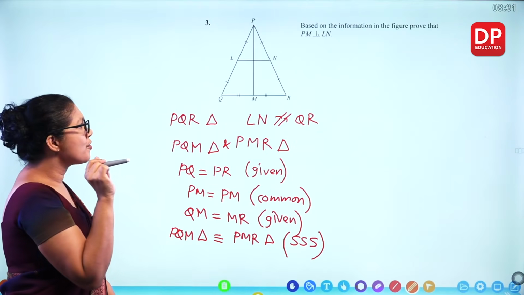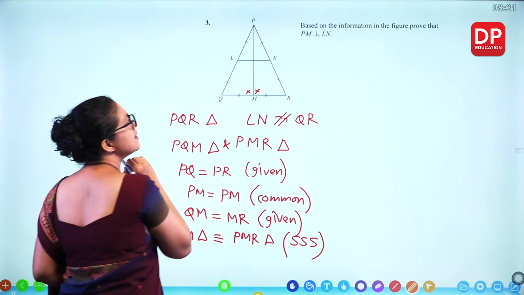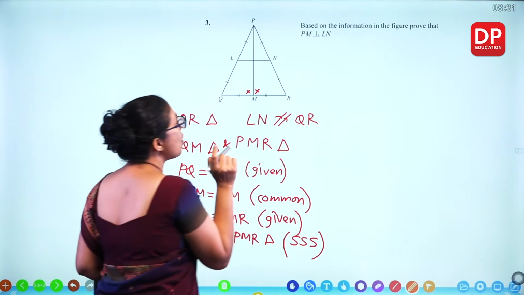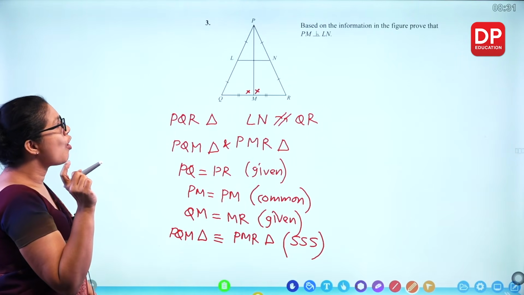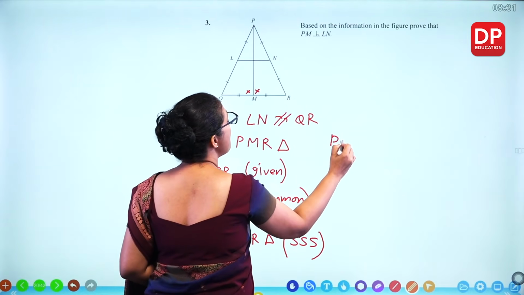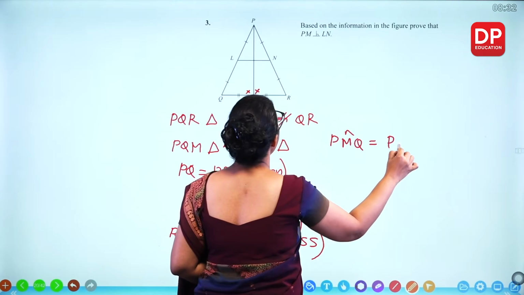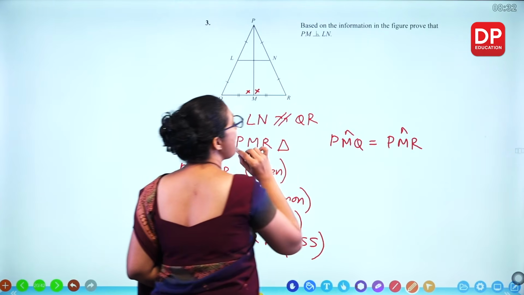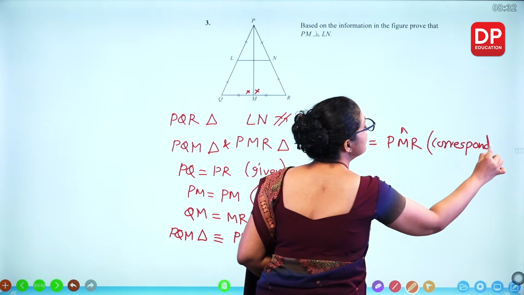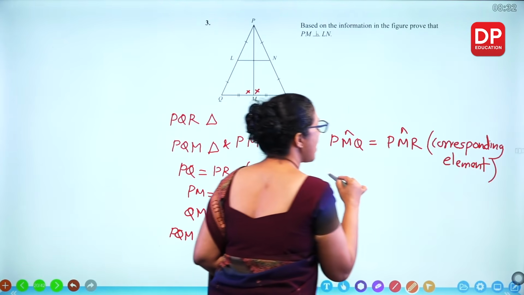If these two are congruent, what can we say about this angle and this angle? Corresponding angles are equal. So corresponding elements are equal in congruent triangles. So we can write PMQ angle is the same as PMR angle. That's because of corresponding elements of the congruent triangle.